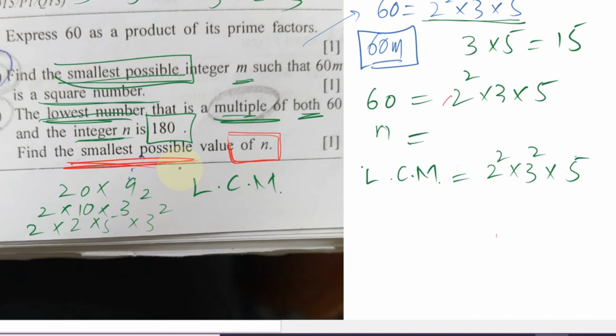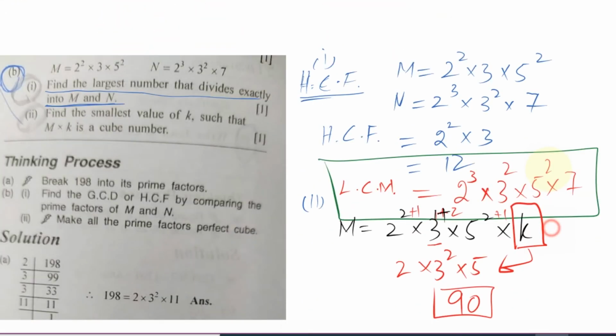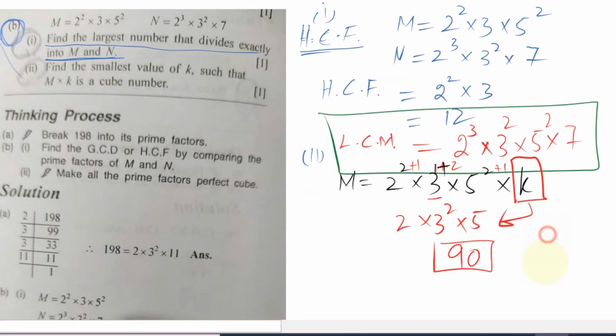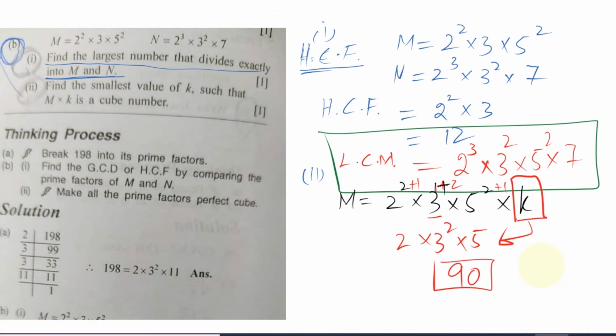If you recall, in the previous case, I explained how to find LCM. If the numbers are written as the product of prime factors in power form, for the common numbers we take the higher power.